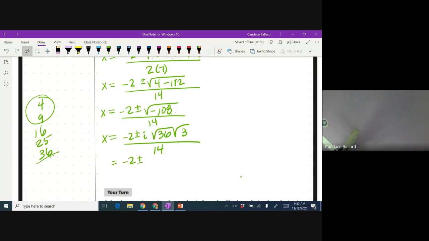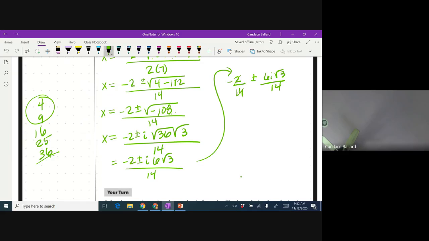So I've got negative 2 plus or minus i, the square root of 36 is 6, times the square root of 3. All right, I am going to split it into 2 separate fractions. So negative 2/14 plus or minus 6i square root of 3/14.